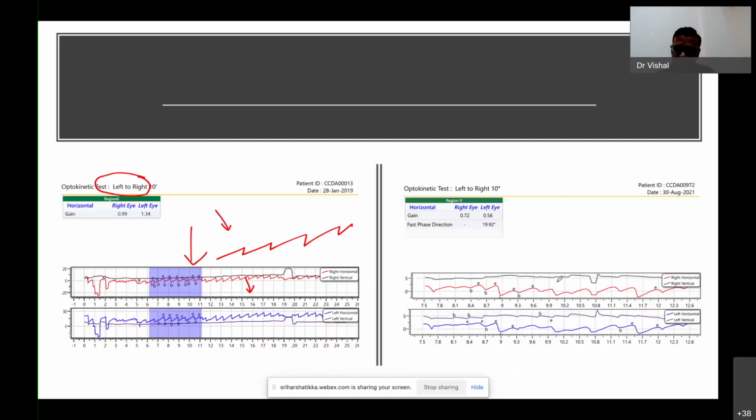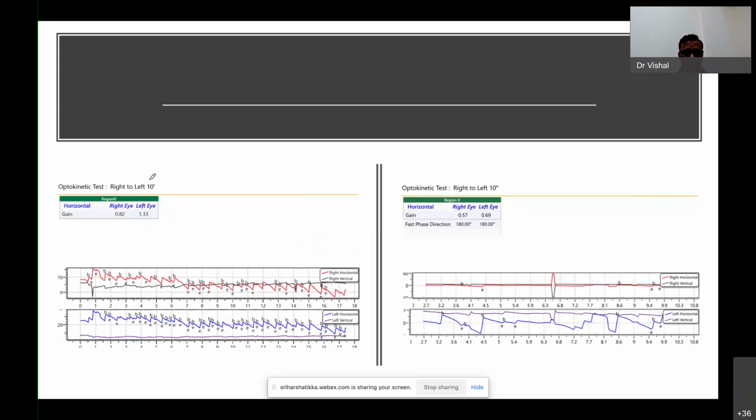But in this first patient of mine, the patient had left beating nystagmus, but you see the gain was very less as compared to what we usually see in normal. It's not that reversal should always happen. Sometimes the gain is less. For example, the same patient right to left, and this is a normal patient with another vestibular disorder. The patient has a right beating variety of nystagmus.